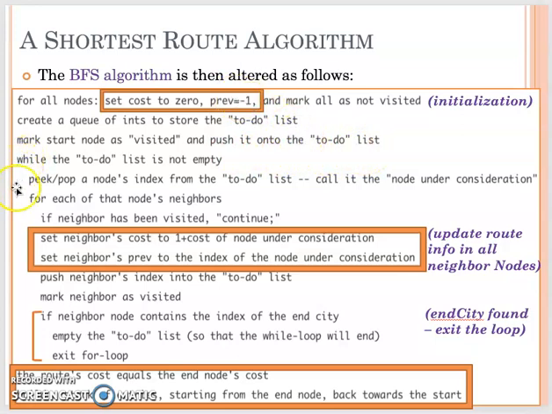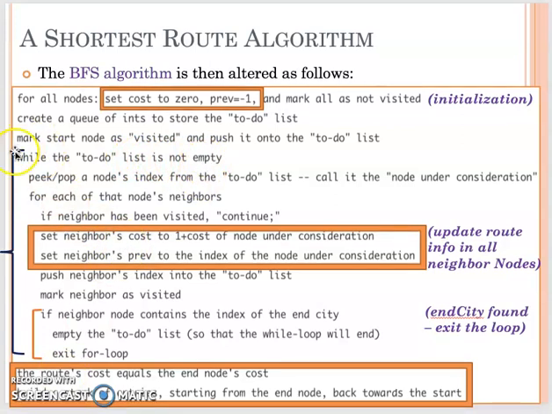Then remember here is our recursive step. While the to-do list is not empty, that's why you see here is our recursion step. As long as the to-do list is not empty, you will pop the node. We will have this node as the node under consideration.